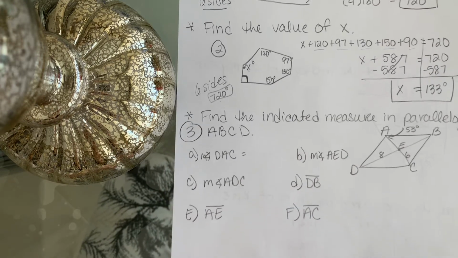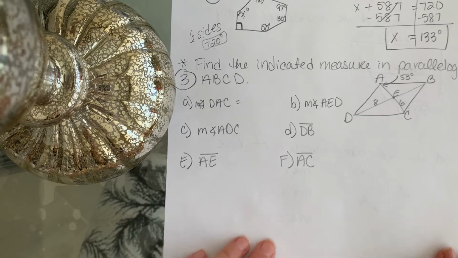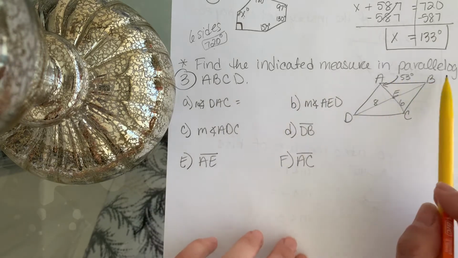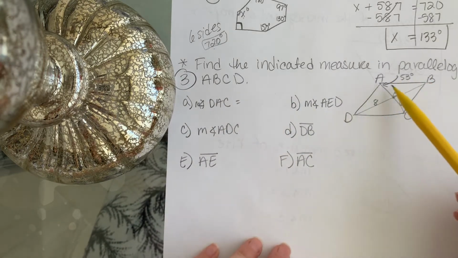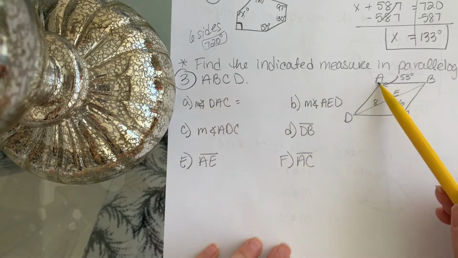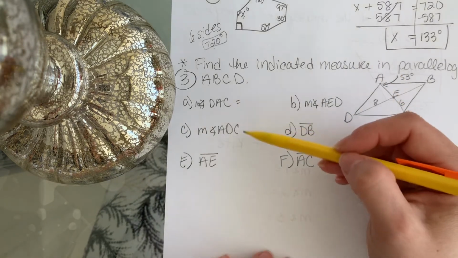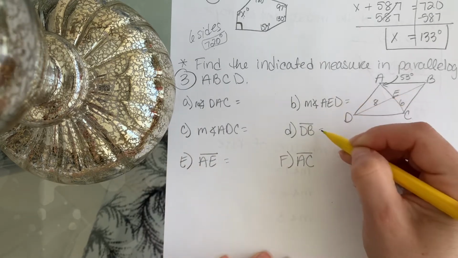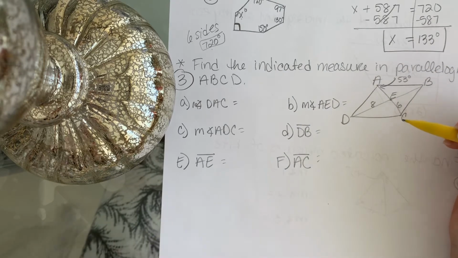So now we're going to move a little bit more forward on example 3 here. Find the indicated measure in this parallelogram right here. Okay, this parallelogram is called ABCD. And we're going to find all the different measures of all 6 here. Okay, so let's look at what's on our polygon.